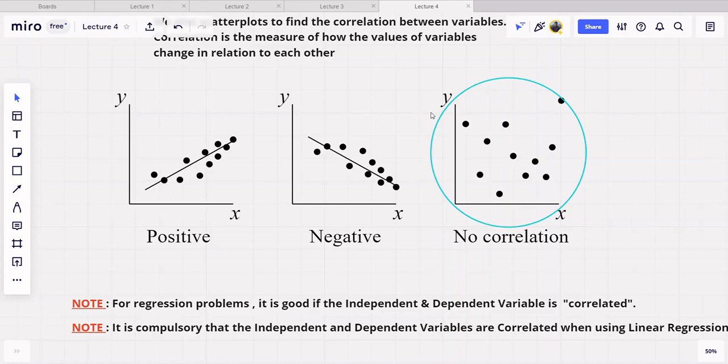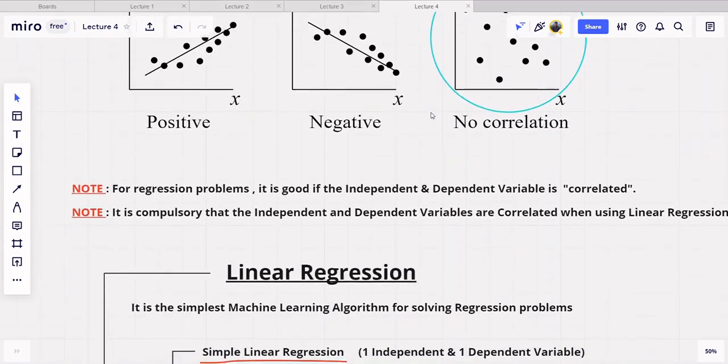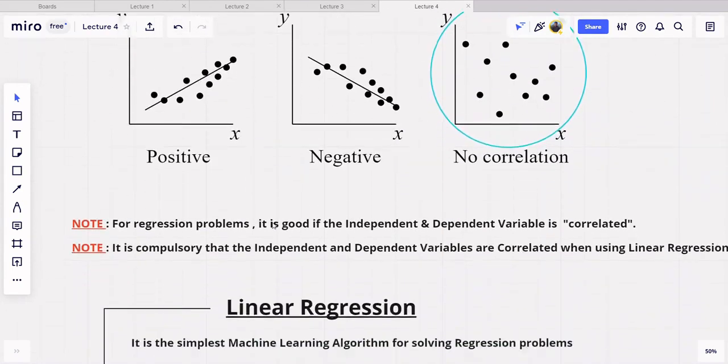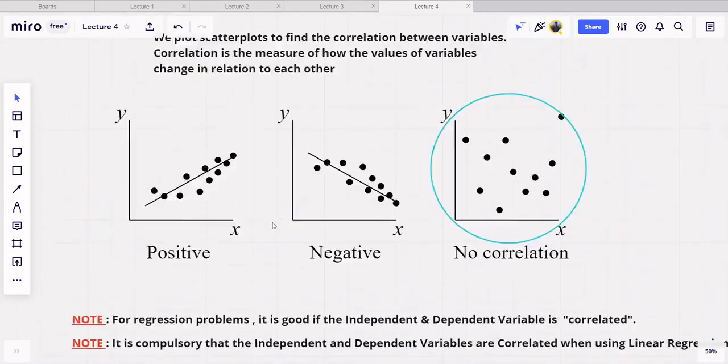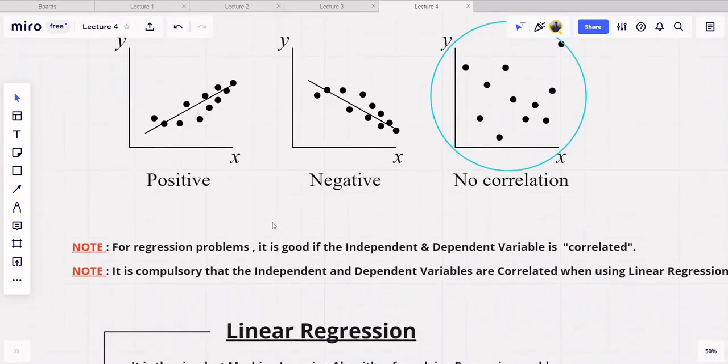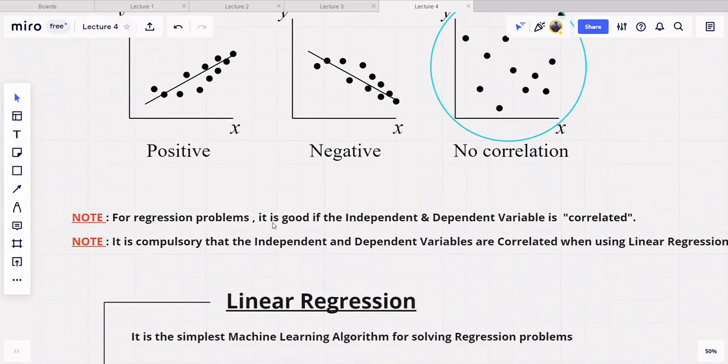In order to use linear regression, it is very necessary that there is either positive or negative correlation among your independent and dependent variable. All right, so these are some basic things that you should know before moving towards linear regression.